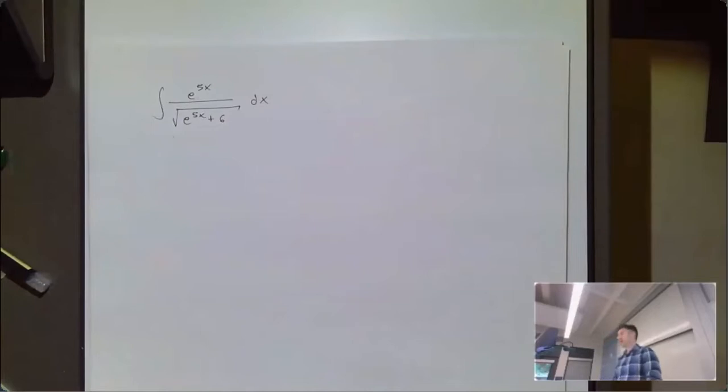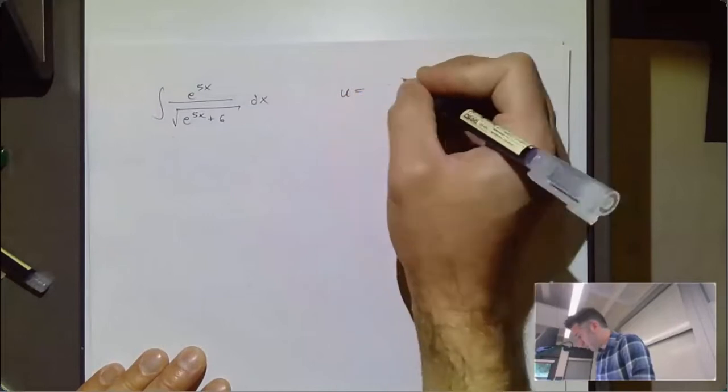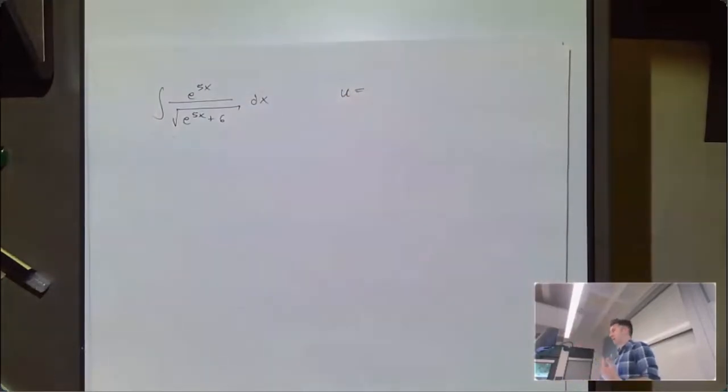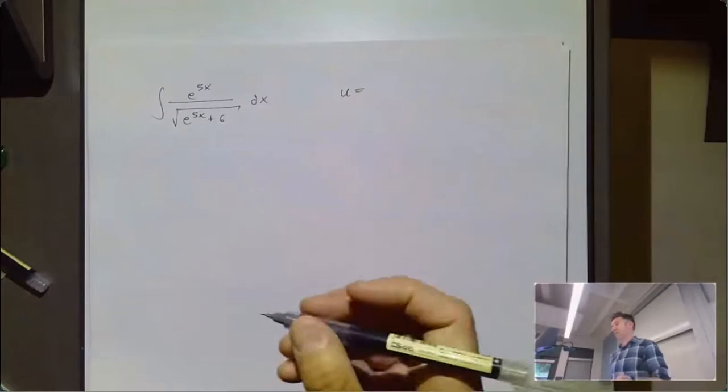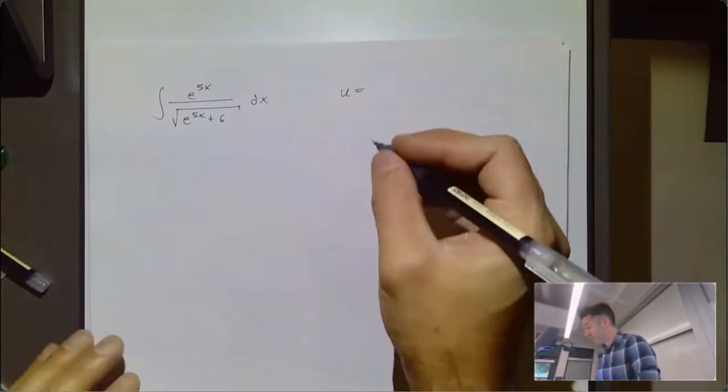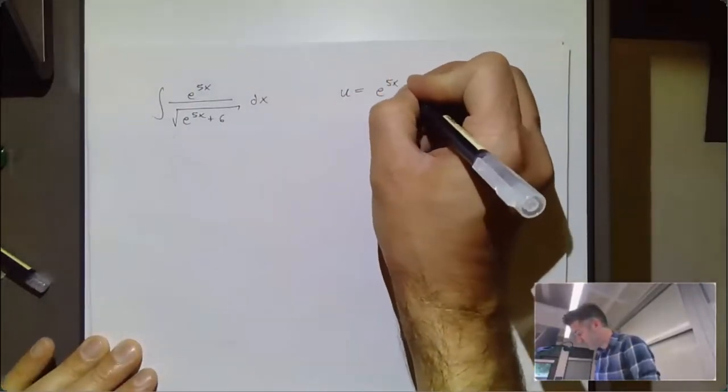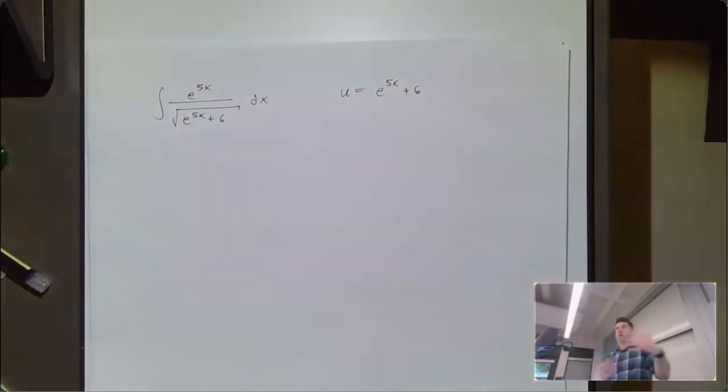I could pick u equal to e to the 5x, but typically if you can bring along a constant, it's a good idea. So I really should pick u equal to e to the 5x plus 6. One, because it's stuck somewhere, and two, because throwing on the plus 6 isn't going to change the derivative at all. My du dx is still going to be the same whether there's a plus 6 there or not.